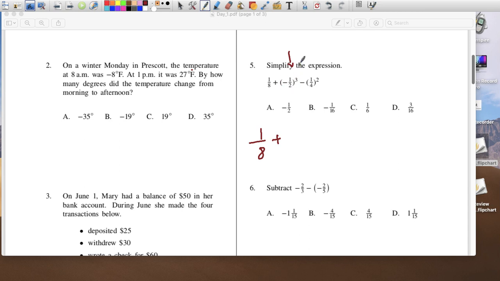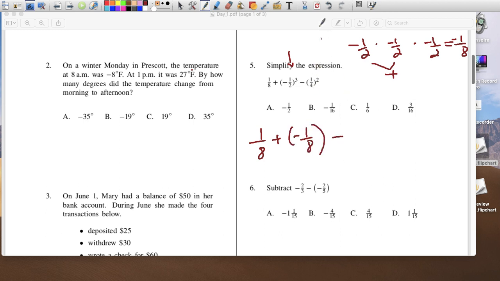So understand what it means. Everything inside the parentheses is being raised to the third power, so it's negative 1/2 times negative 1/2 times negative 1/2. That's easy, right? Because it's 1 over 8, but what we have to worry about is the sign. So negative times a negative, these two become positive, and the positive times a negative becomes a negative. So that ends up being negative 1/8.